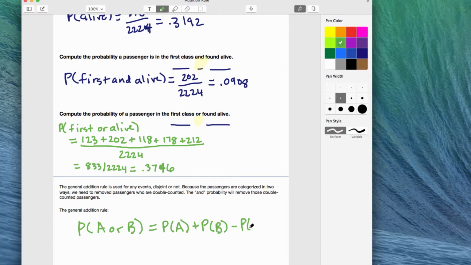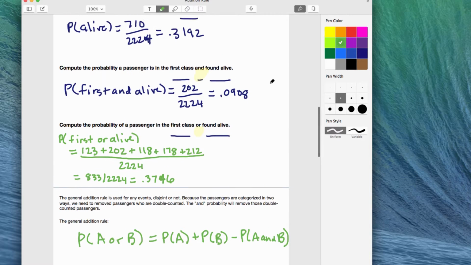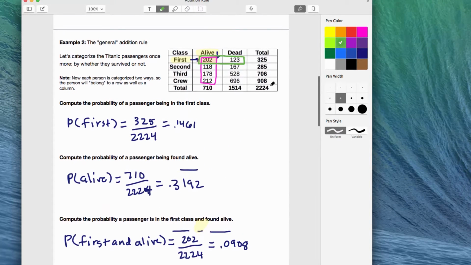To compute this maybe more quickly using the addition rule, we'd take the probability of A, add the probability of B, and then there's something more that we didn't see in the last example. We're going to subtract the probability of A and B. I want to point out that we're subtracting an overlap. Everyone was categorized twice, so they got double counted. If I went back up to the top and wanted to find my probability, I can't just take 710 plus 325. That's because there's some double counting.